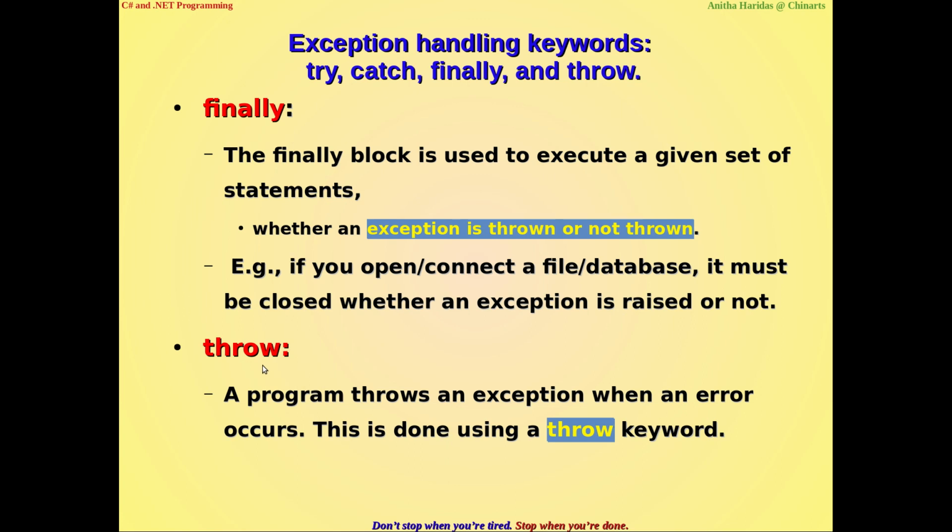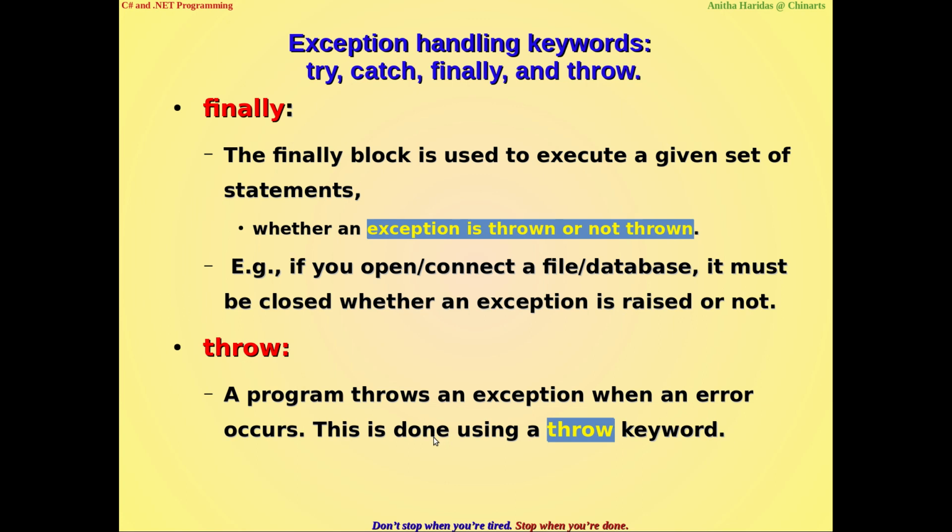Then the last keyword that is used is the throw keyword. A program throws an exception when an error occurs. This is done using the throw keyword. Now this throw keyword is mainly used for user defined exceptions.